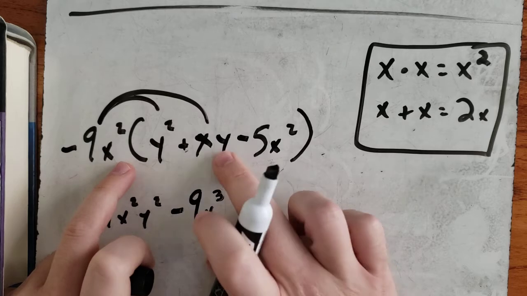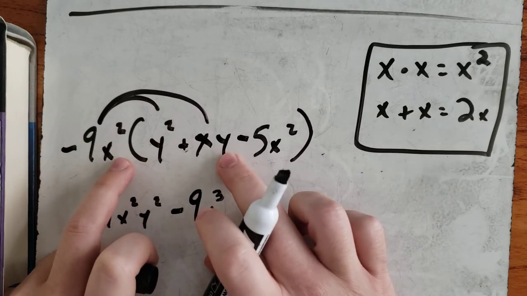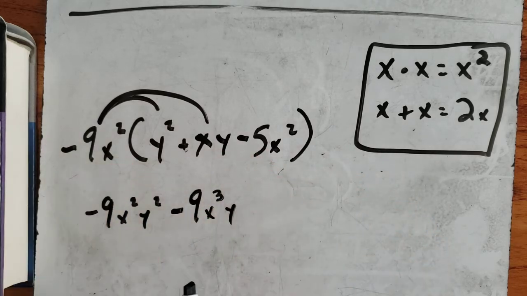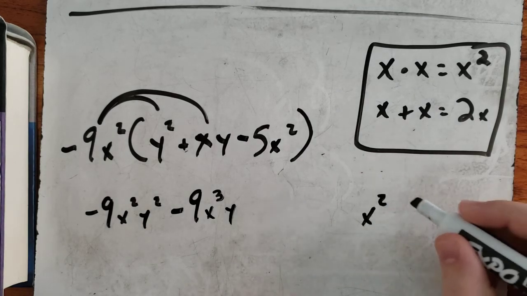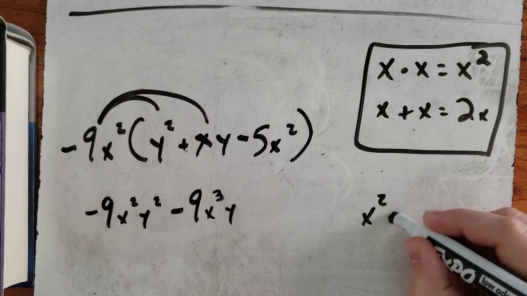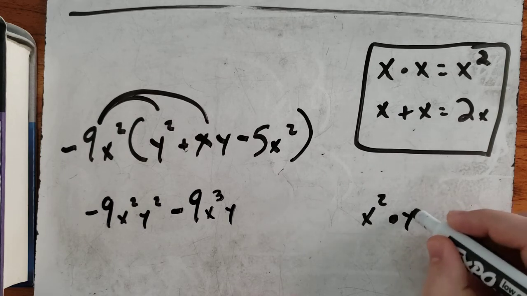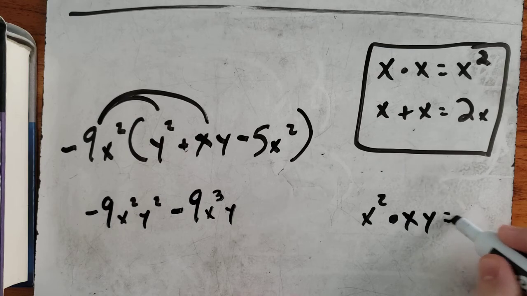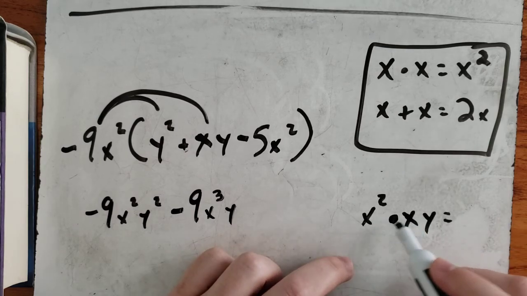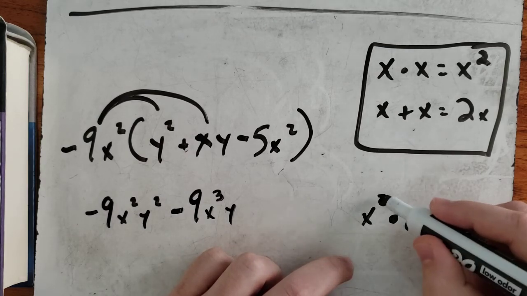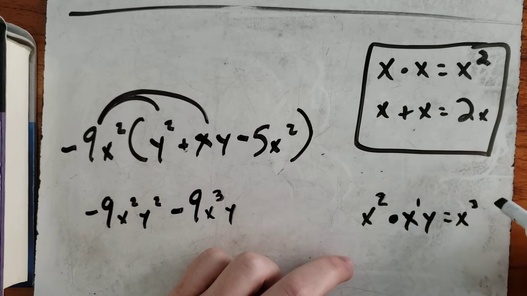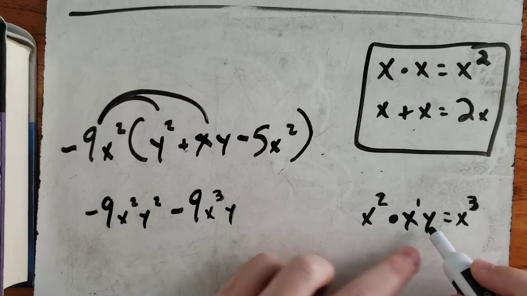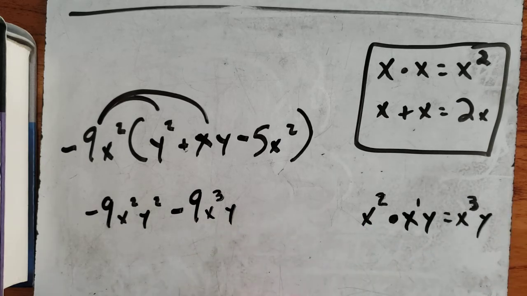And because there's no y on the outside, but we have a y here, it just stays as y. So what we did for this one, we did x squared times xy, which means you multiply, you have x and x, which means you add the exponents here. 2 plus 1 is to the third. There's no y here, there's one y here, it stays the way it is. All right, that's what we did right here.